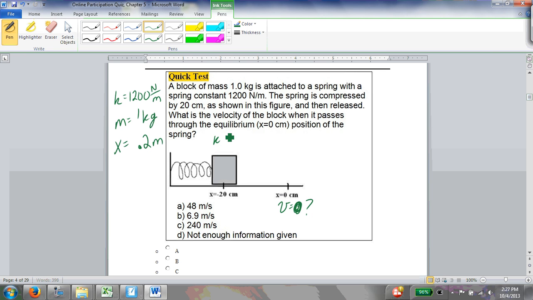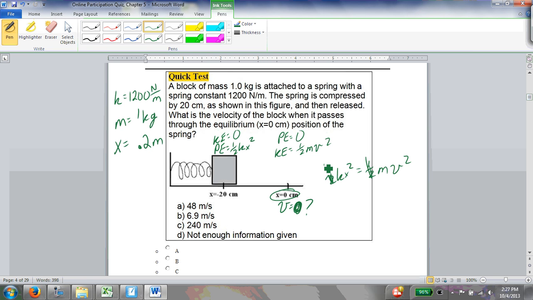I know at this position that the kinetic energy equals 0 because it's not moving, and the potential energy equals 1/2 k x squared. Over here, I know that the potential energy equals 0. That's because x equals 0, and my kinetic energy is 1/2 m v squared. Just like before, I know that the sums of the energies have to be constant, so I say that 1/2 k x squared equals 1/2 m v squared. I can get rid of the 1/2s, they cancel out.